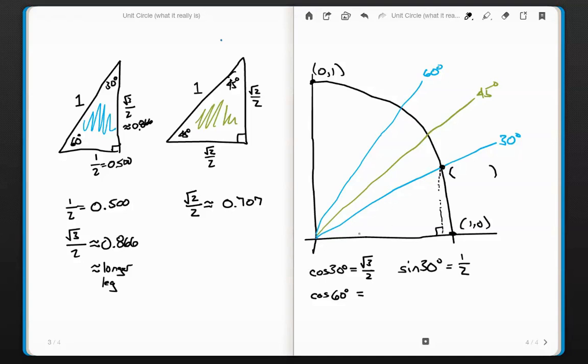And this time the cosine, which is the x-coordinate, is the short leg, because this is a tall, skinny triangle. I'll draw that one in too. The tall side is the y-coordinate. The short side, the x-coordinate, is this one. So the short side of a 30, 60, 90 triangle, the one across from 30, is 1/2. So that equals 1/2.